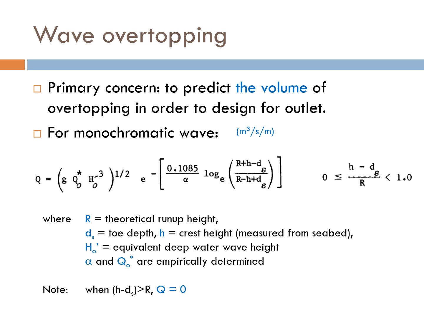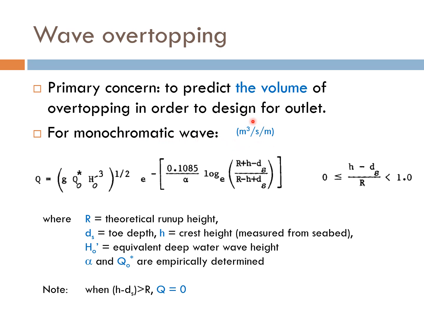Now for monochromatic wave, the overtopping volume given by Q in the equation here can be estimated using this expression. Take note that the Q here takes the unit of meter cube per second per meter.